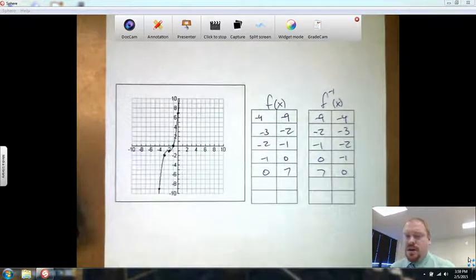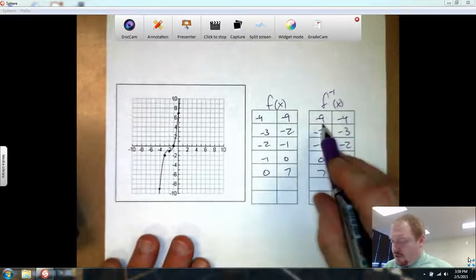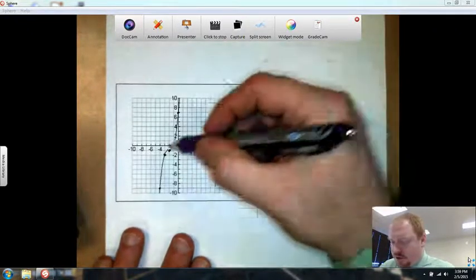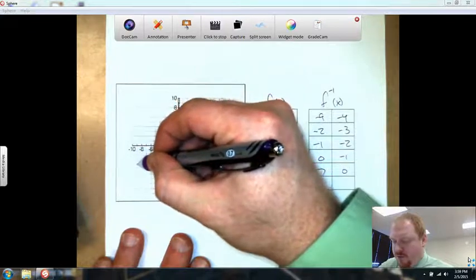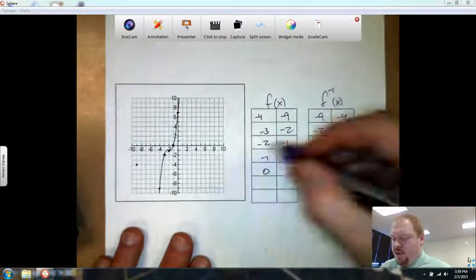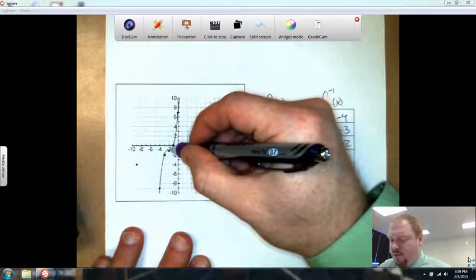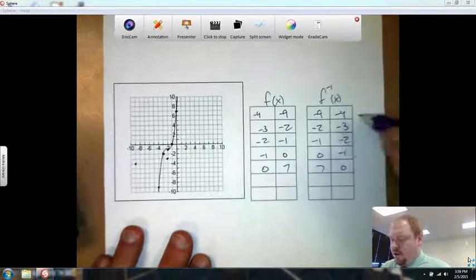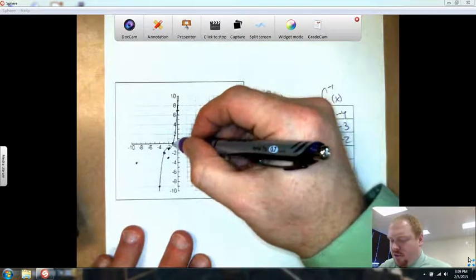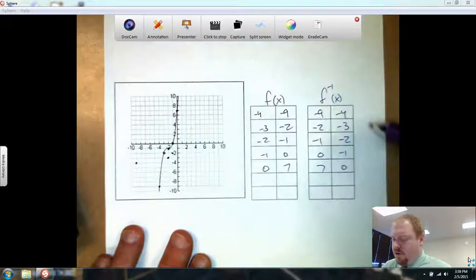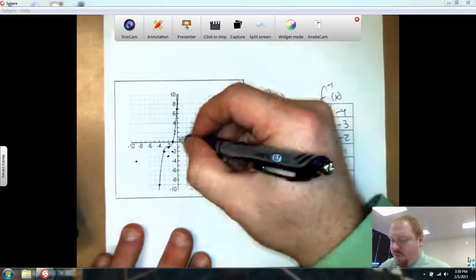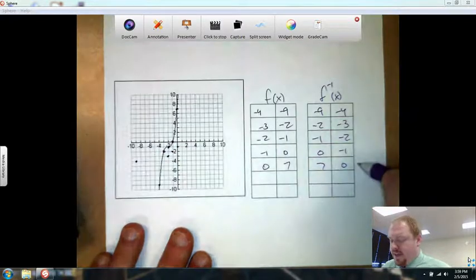So, now I'm going to plot them. (-9, -4), (-2, -3), (-1, -2), (0, -1), and then (7, 0).